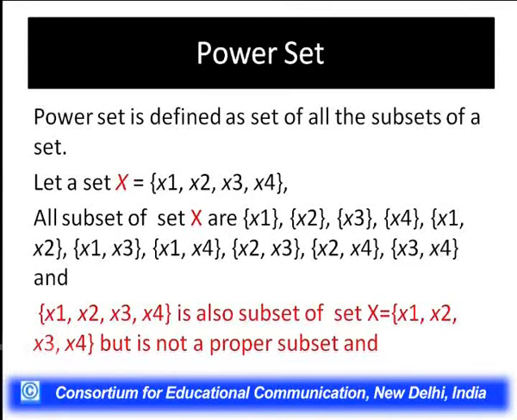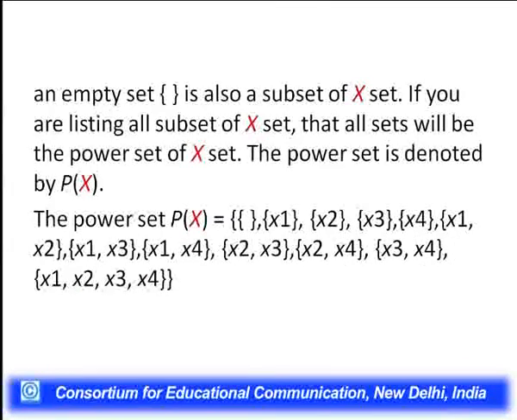So the set {X1, X2, X3, X4} is also a subset of the set X equal to {X1, X2, X3, X4}, but it is not a proper subset. And the empty set, written as curly brackets, is also a subset of set X. If you list all subsets of set X, all those sets will be the power set of X. The power set is denoted by P(X).